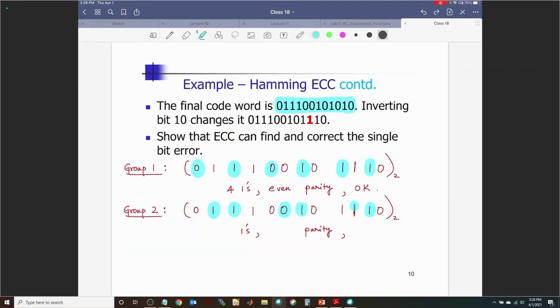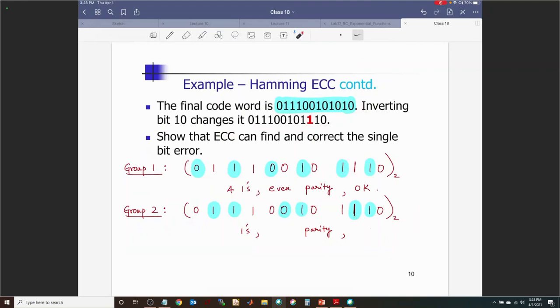I hope you guys caught that change. I was working off of the correct code, but no, it has already gone through an error. I need to go from the error back, so I need to use the corrupted code here to correct it. So I've changed that location here. It didn't make a difference for group 1, but it does make a difference for group 2.